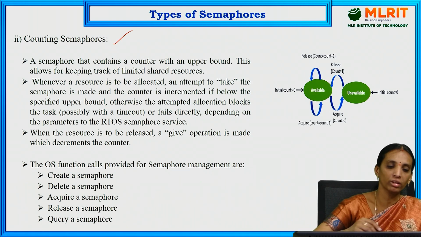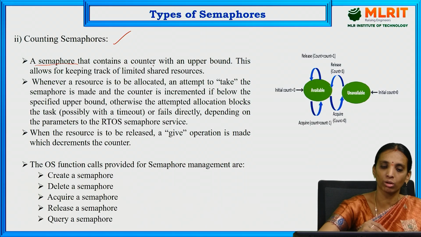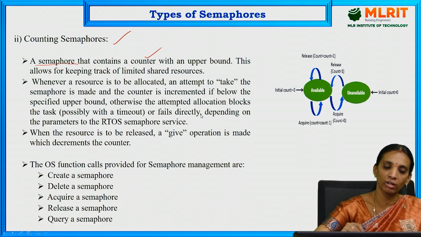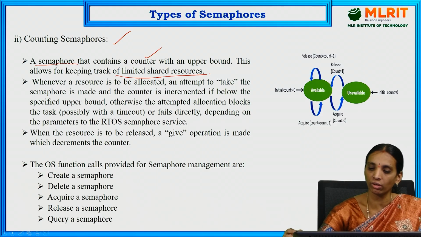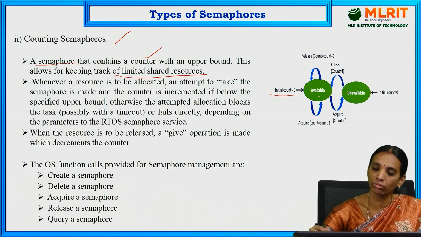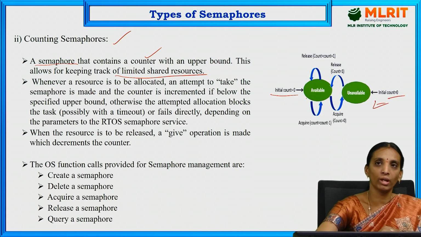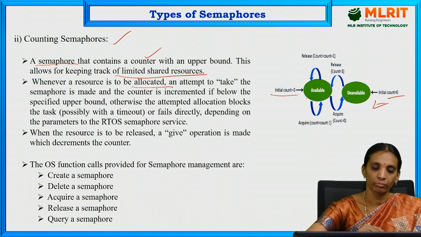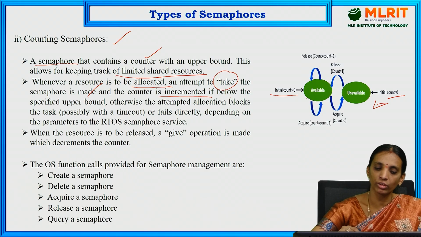The second one is the counting semaphore. The counting semaphore is initialized with a counter, and it is changed for each process utilizing limited shared resources. If the count is greater than 0, it indicates that resources are available, and if the count is 0, the resources are unavailable. Whenever a resource is to be allocated, an attempt to take the semaphore is made and the counter is updated, and we have to check the counter.